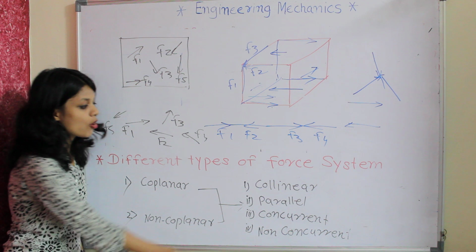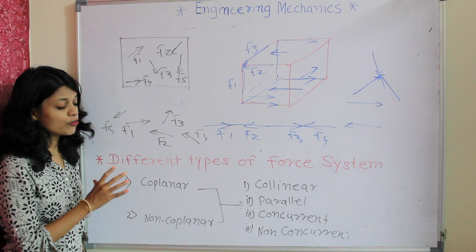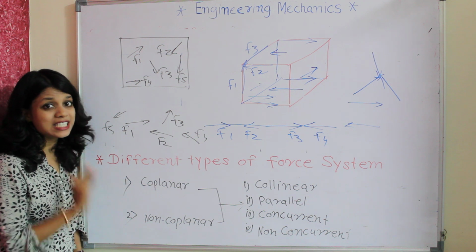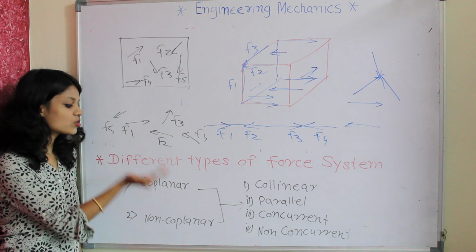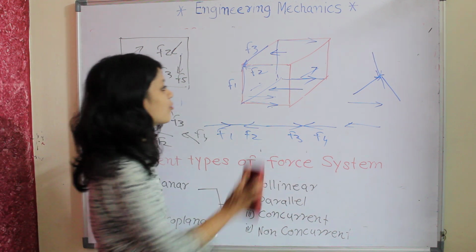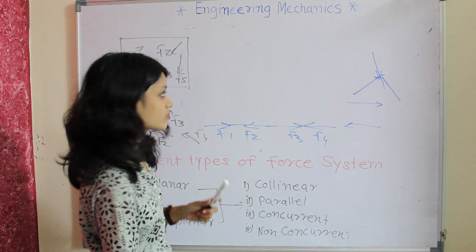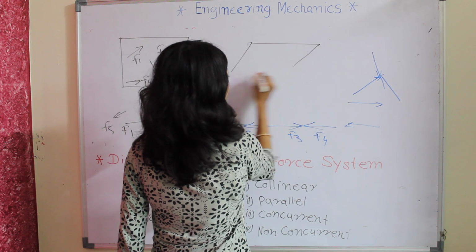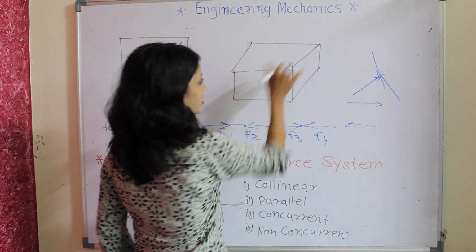Next are non-concurrent non-coplanar forces. When forces do not pass through a single point and do not lie in the same plane, then they are called non-concurrent non-coplanar forces. For example here, one cube, with different planes.